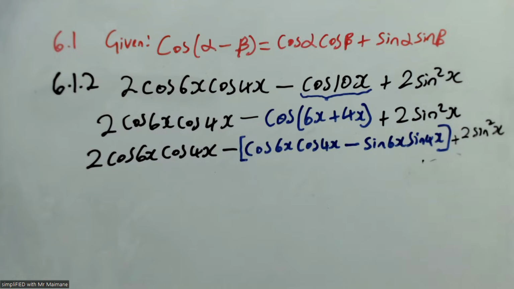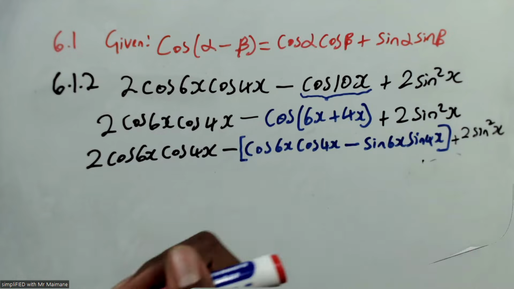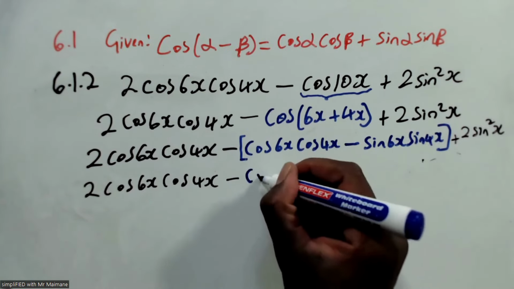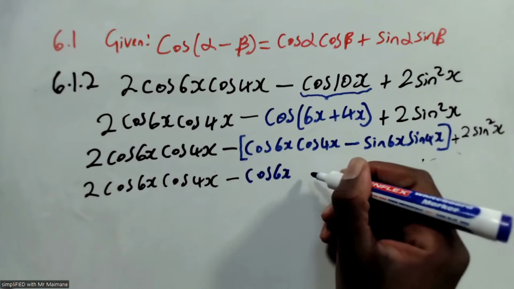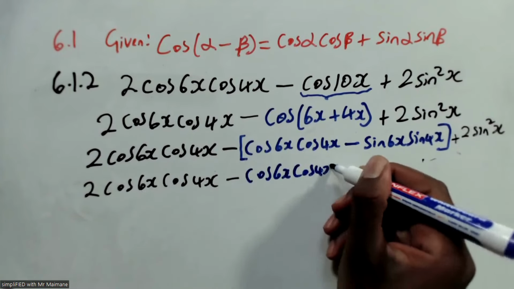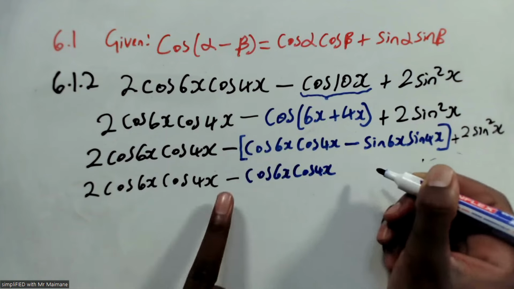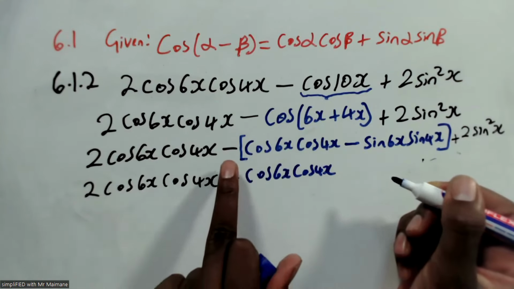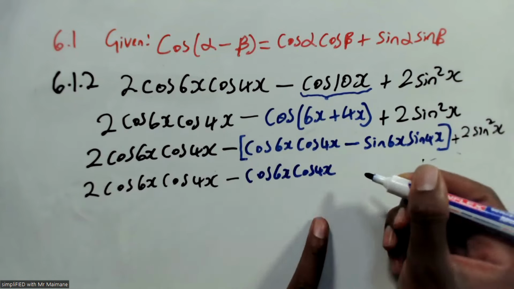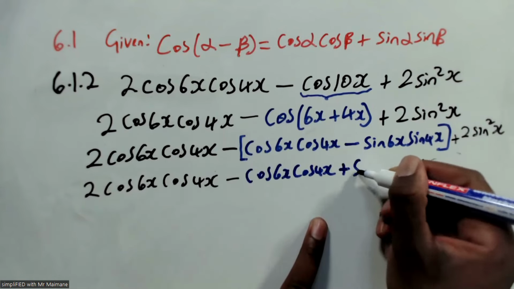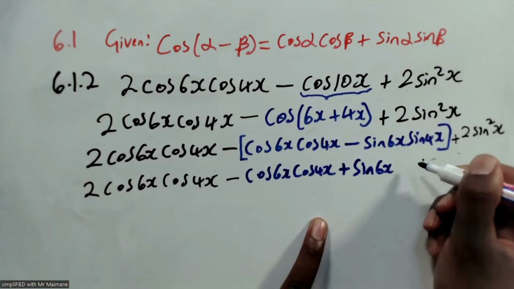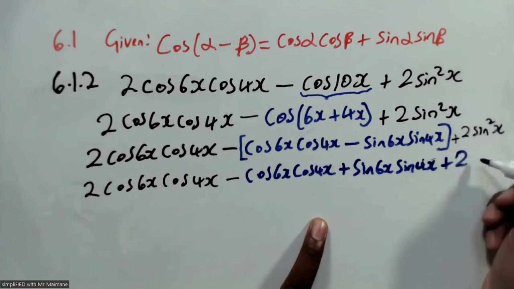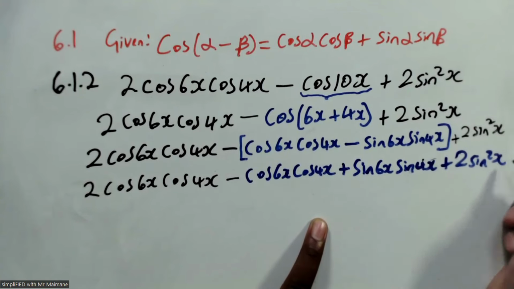The part is added. So to continue here, this multiplied by this is going to be minus this, but this negative now multiplying here, it's plus sine 6x sine 4x plus 2 sine squared x.